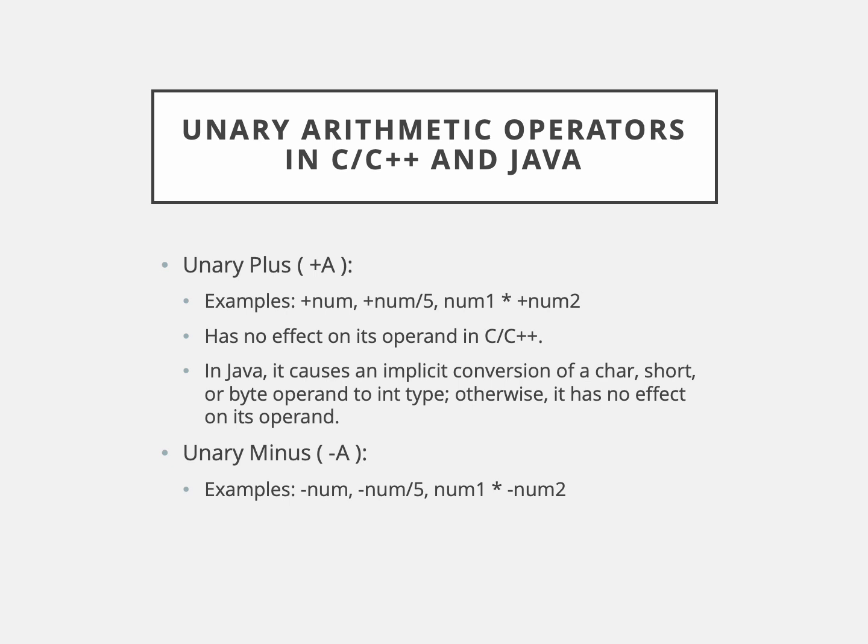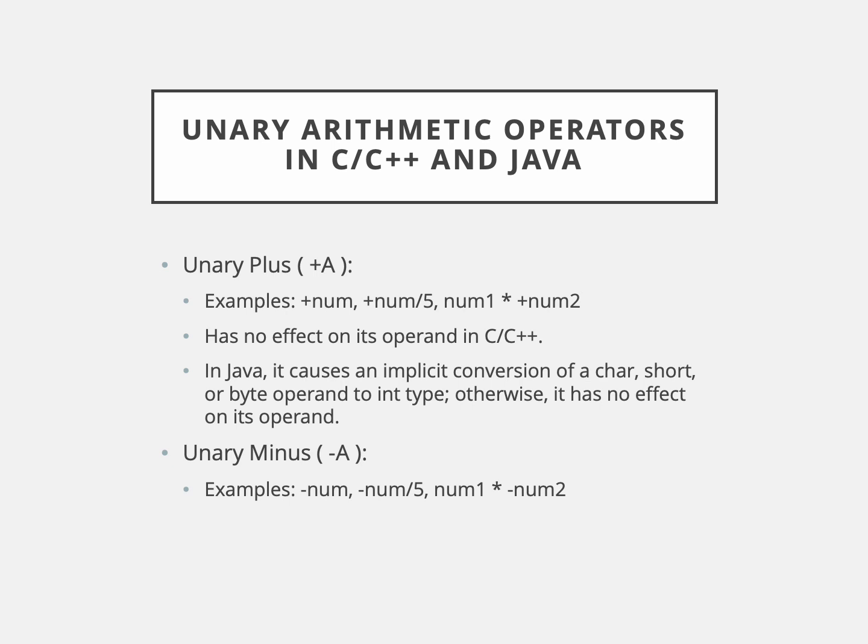The two most fundamental unary operators are unary plus and unary minus. On unary plus, which is plus A, in C and C++, the unary plus operator has no effect on its operand. It is often used for code clarity but does not alter the value.